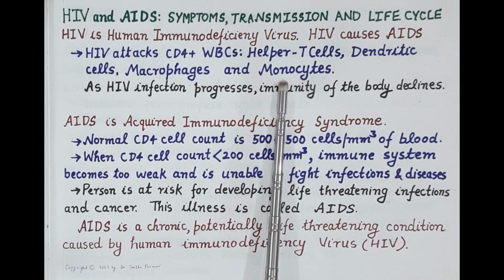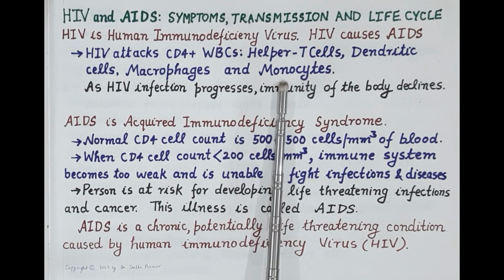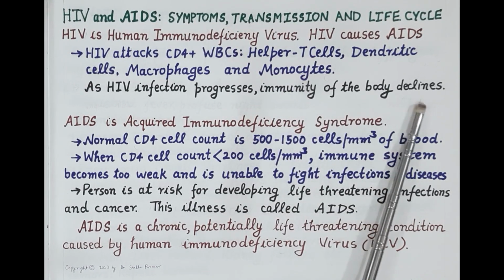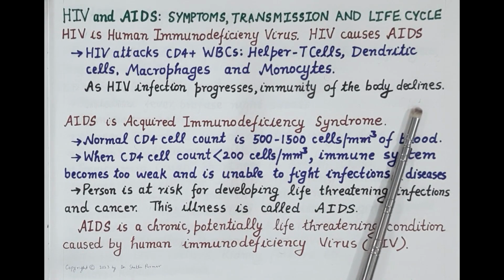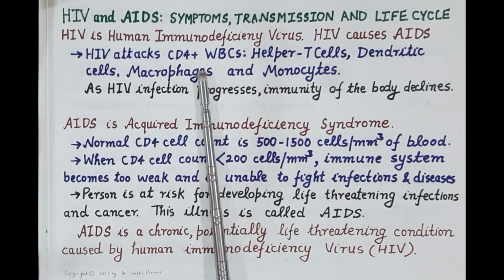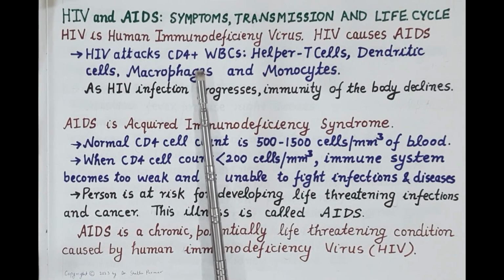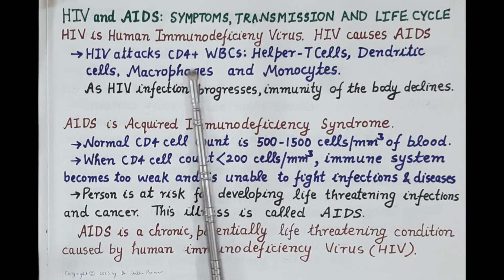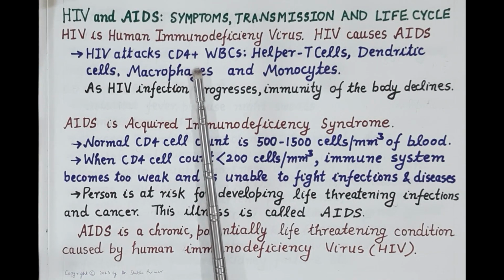Now, as the virus multiplies in the body, HIV infection progresses, and thus immunity of the body declines. As HIV kills CD4 cells, CD4 cell count progressively reduces.